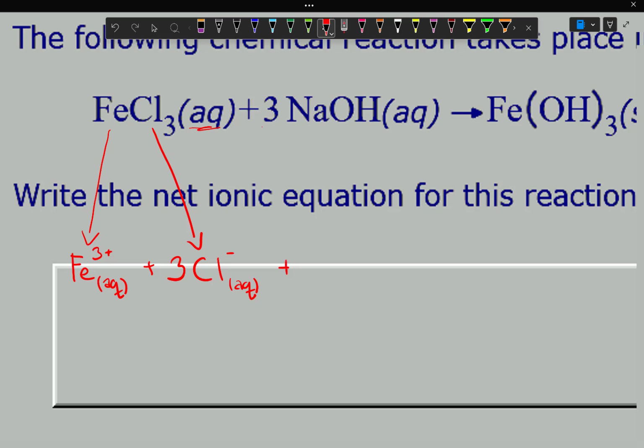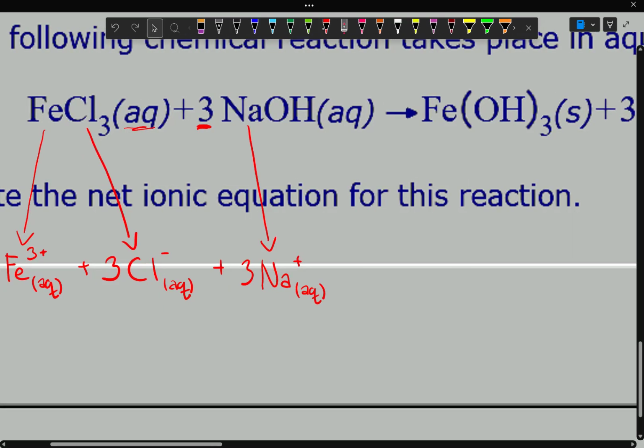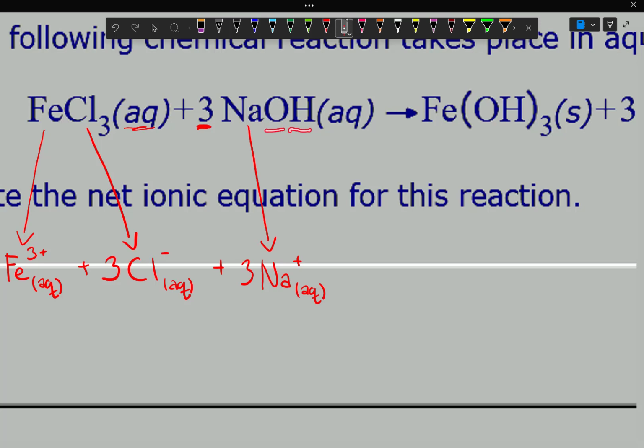And so continuing to split, we have a 3 coefficient. That 3 coefficient will stay. And this is just going to give us our positive cation for sodium, which is also aqueous. There's 3 of them. And then be careful not to split this into oxygen and hydrogen. That is not correct. This is a polyatomic ion. You should recognize that as a polyatomic ion.